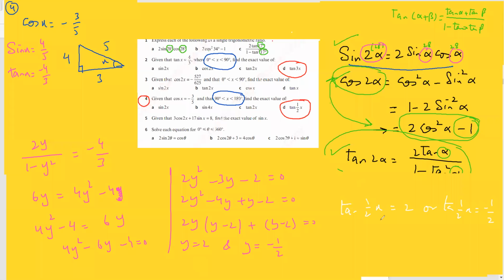As suggested by the students, this range is for the x over here. So the range for half x is going to be from 45 to 90. So this should be the answer accepted here.